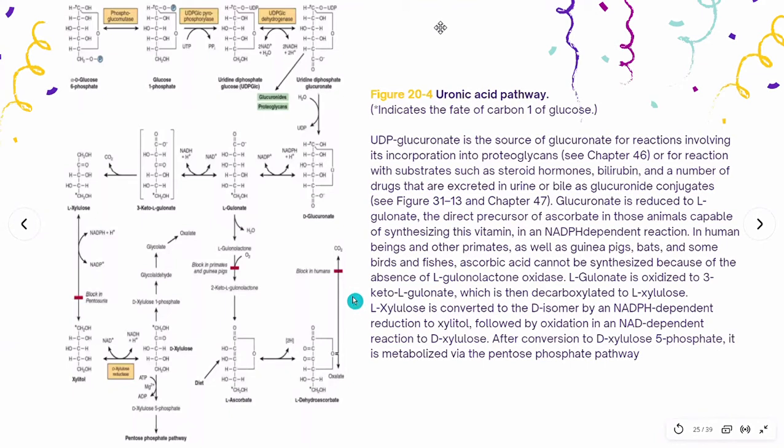So here, if you form dehydroascorbic acid, and decarboxylation, carbon dioxide, this pathway is blocked in humans, so it results in the formation of oxalate.